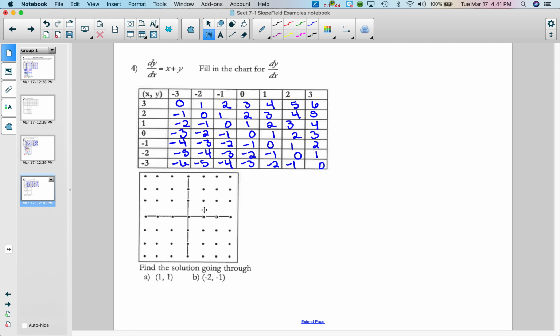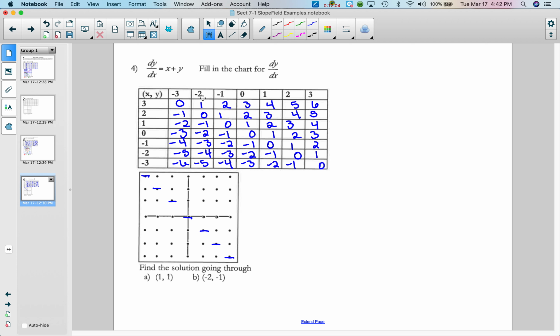I'm going to place the zeros first. 3, negative 3 is 0. 2, negative 2 is 0. 1, negative 1 is 0. 0, 0 is 0. And you can see where these are going.